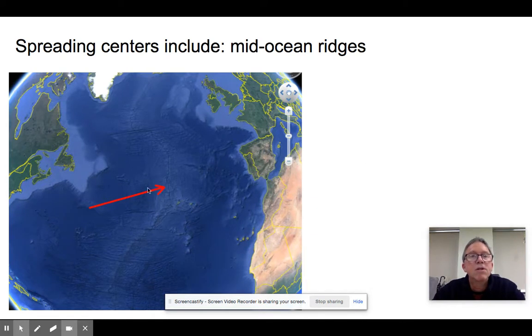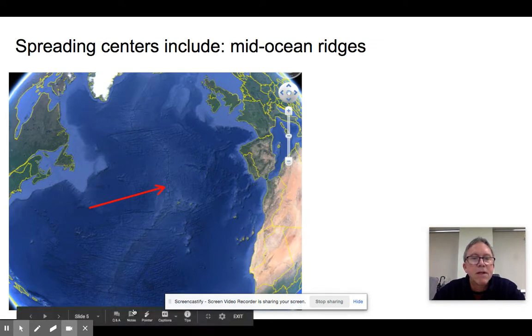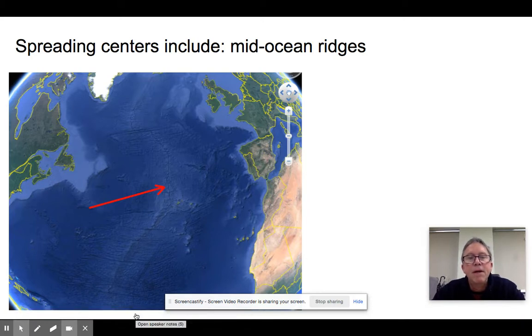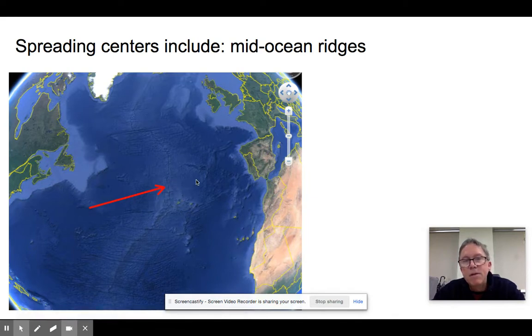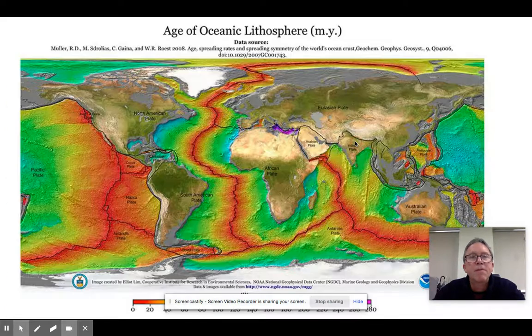Here's the mid-Atlantic ridge, and it is an underwater mountain chain that runs the length of the Atlantic Ocean, from pole to pole, just about. Anywhere along here, there is a convection current coming up, and rock material is moving this way on this side and that way on that side, carrying the crust with it, and new volcanic material is coming up there.